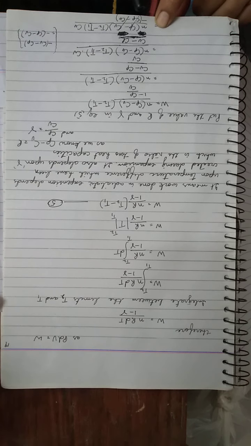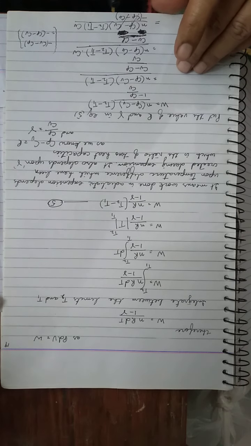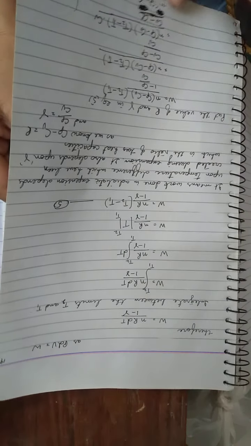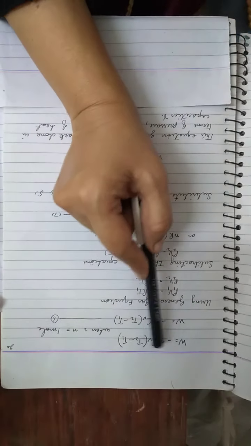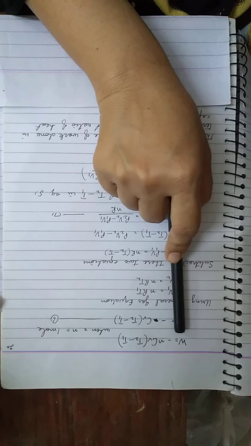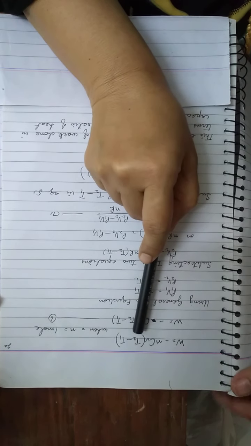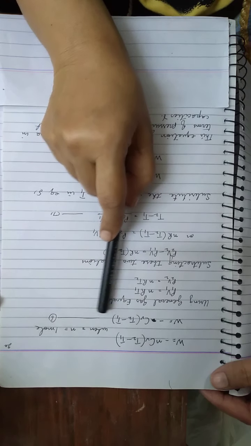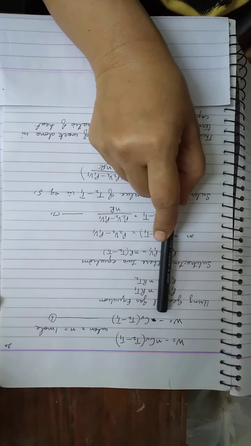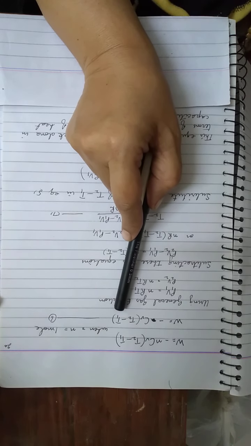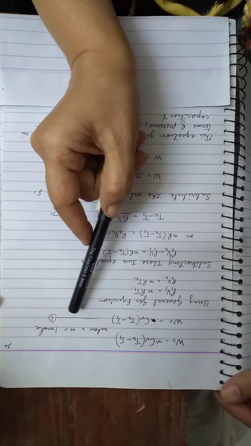Now the end result will be n into T2 minus T1 into Cv. This all is cancelled. Bring this minus at this point. W is equal to n Cv into T2 minus T1. When n is equal to 1 mole, W is equal to minus Cv into T2 minus T1. This is equation number 6.